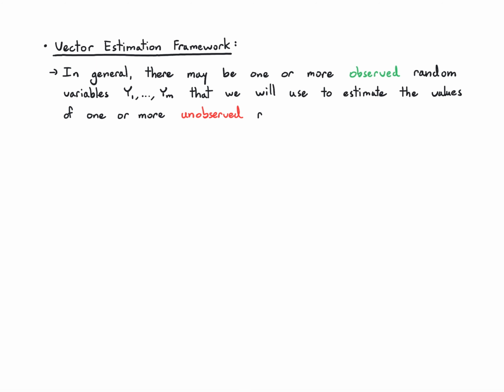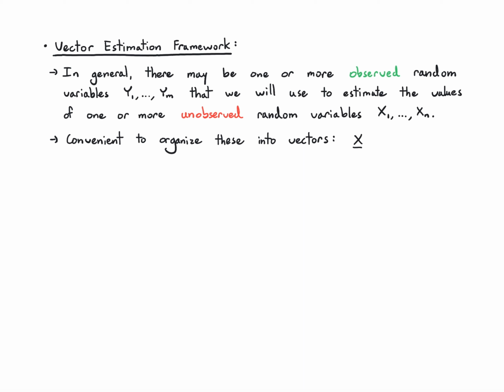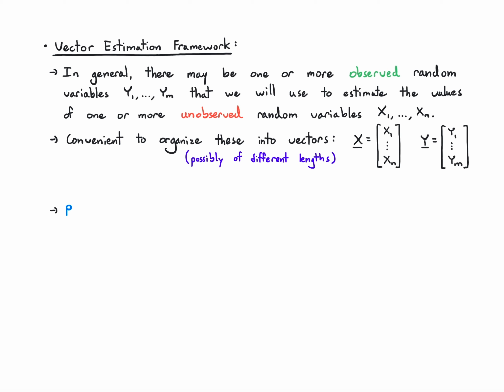Let's call those unobserved random variables x1 up to xn. Once you have so many variables, it's often convenient to organize them into vectors. So I have the vector x, which is x1 through xn, and the vector y, which is y1 through ym. These might have different lengths; they don't have to be the same length. That's why I used n and m here.